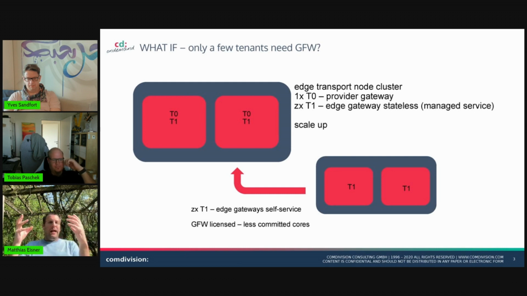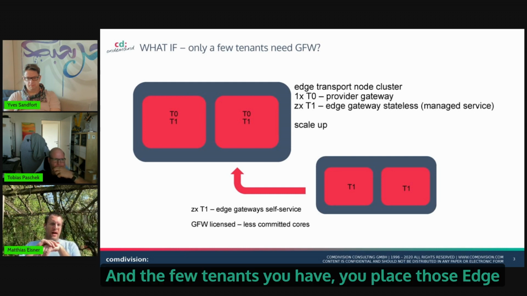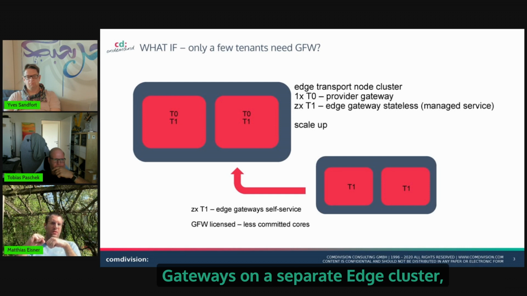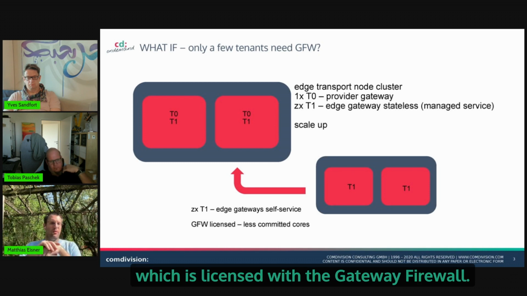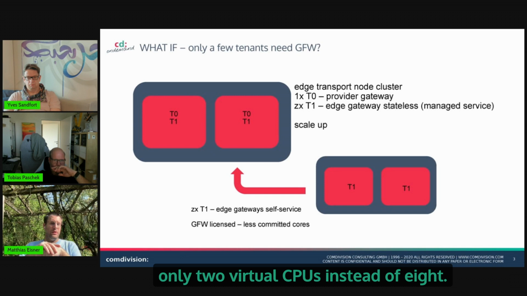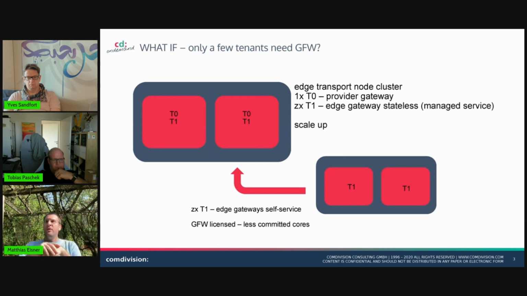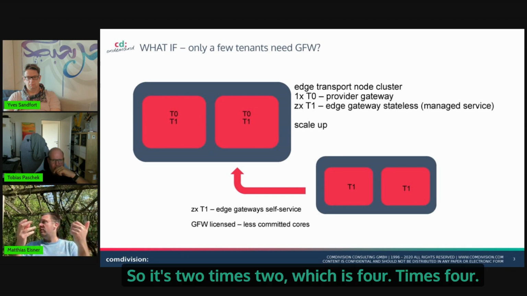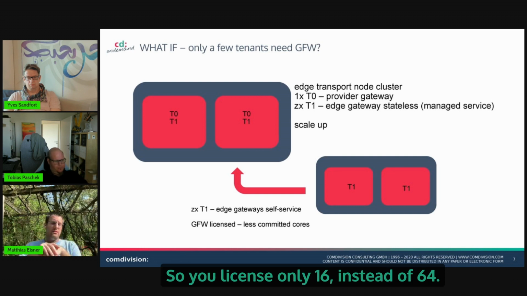But all good. And the few tenants you have, you place those edge gateways on a separate edge cluster, which is licensed with the Gateway Firewall. And those edge transport nodes have only 2 virtual CPUs instead of 8. So it's 2 times 2 is 4 times 4. So you license only 16 instead of 64.